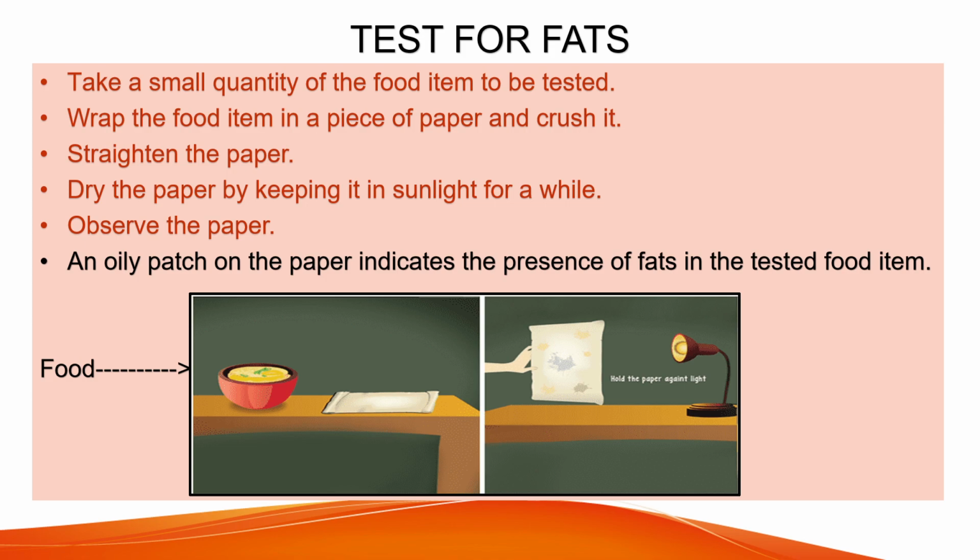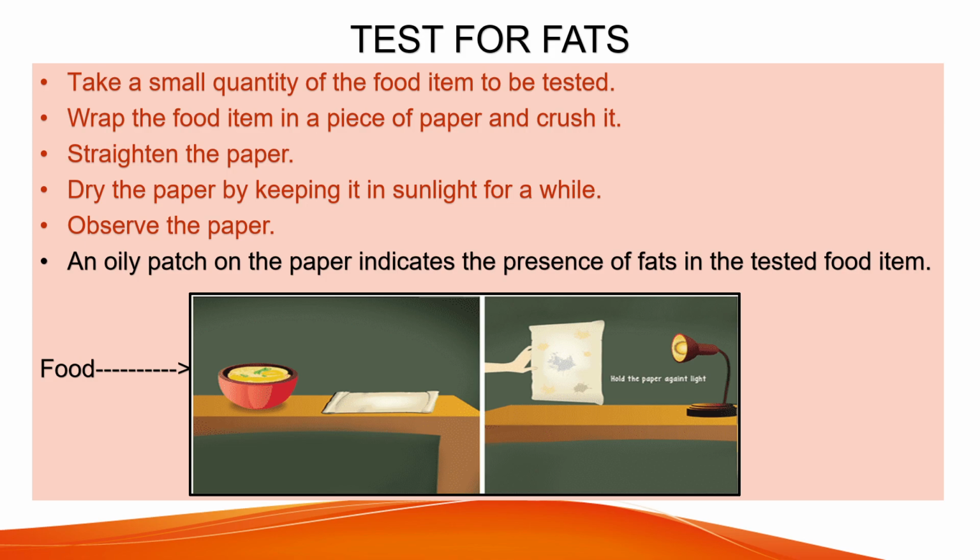Then we wrap the food item in a piece of paper and crush it. But be careful, don't tear the paper. Then we straighten the paper, because that food item also contains a small amount of water.